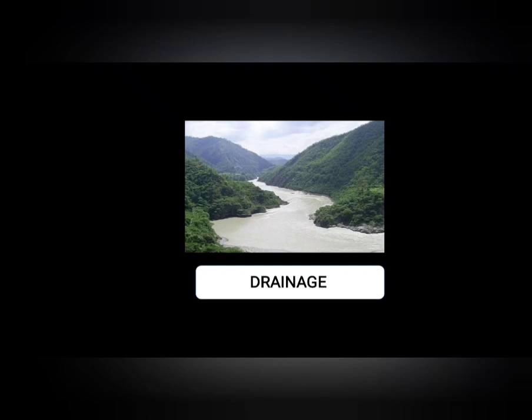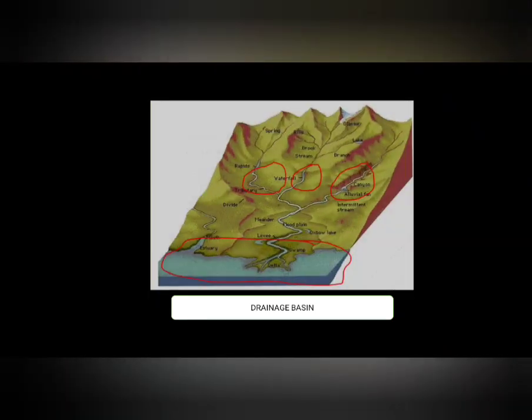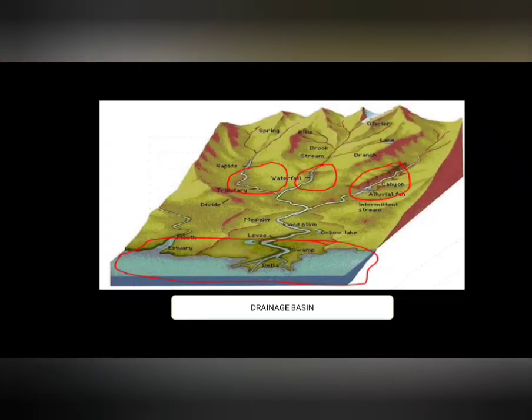Okay, moving on, we will be talking about the drainage basin, overall where it originates. Mostly, a river originates from the top of hills or mountains, and they start off as small rivers or streams.